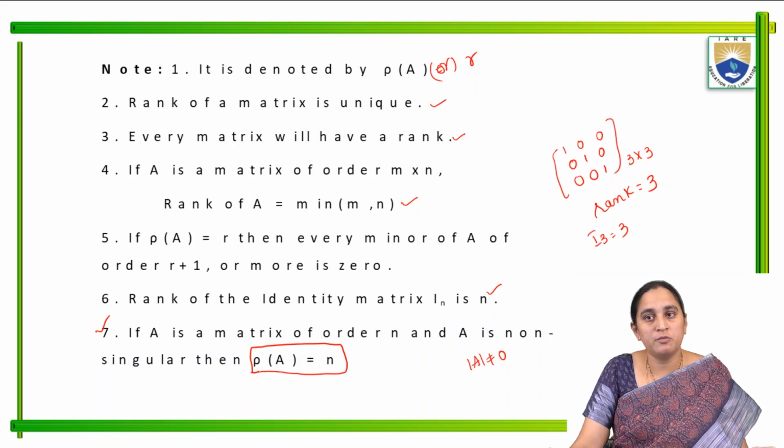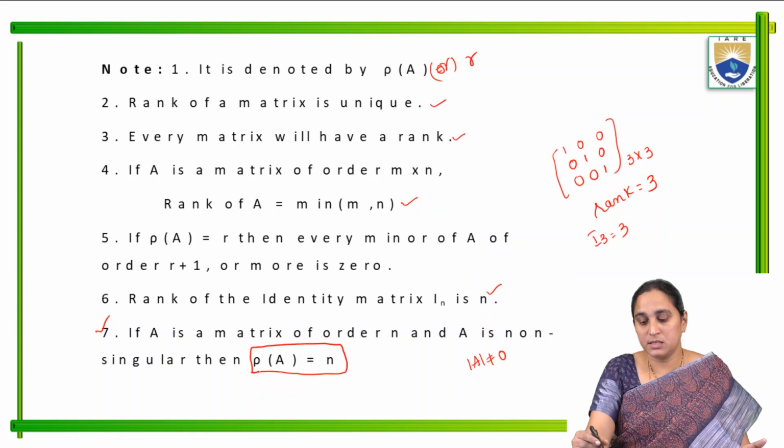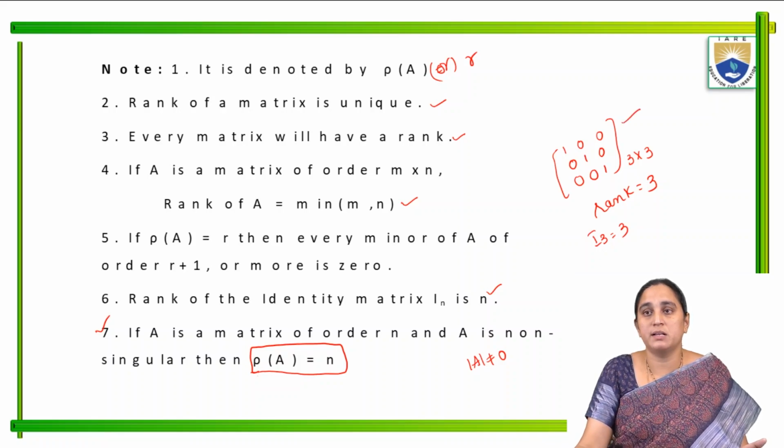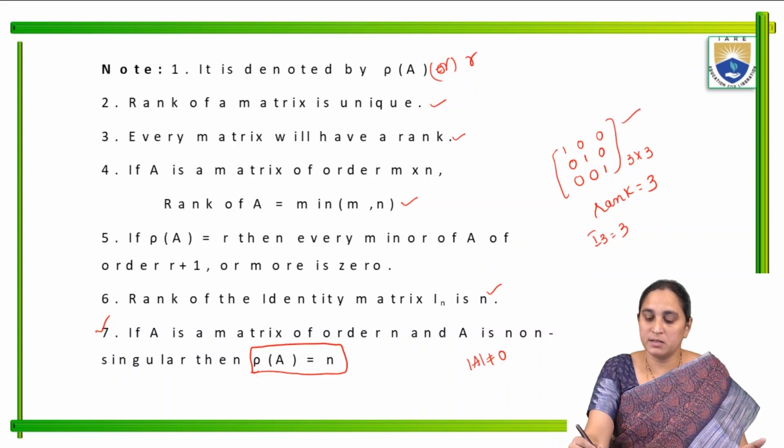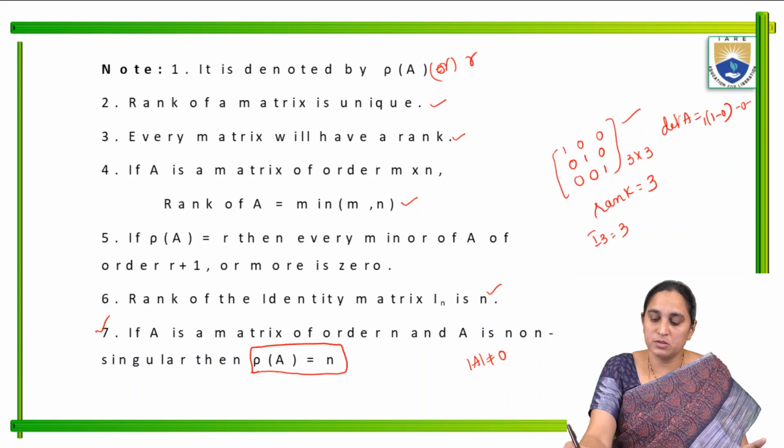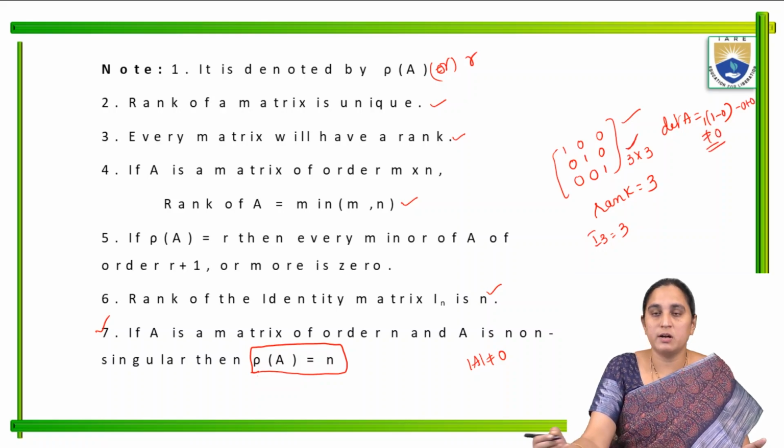Where the determinant of A is not equal to 0, we have to take the corresponding order as the rank of a matrix. Here, this identity matrix is a 3 by 3 matrix, and the determinant is not equal to 0. Therefore, the corresponding order is 3 by 3.